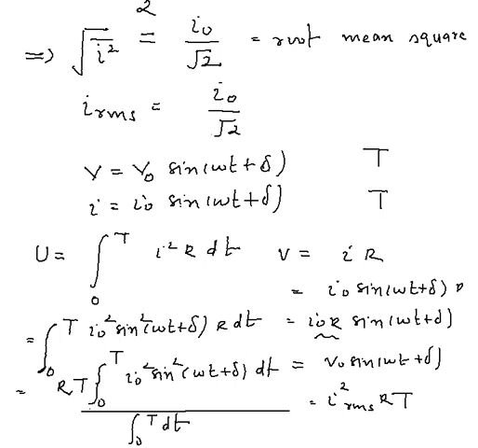When you pass it for time capital T, you will get exactly the same heat. That means a resistor does not know the difference between DC and AC, provided in DC the current passed is not I naught, but current passed is IRMS.